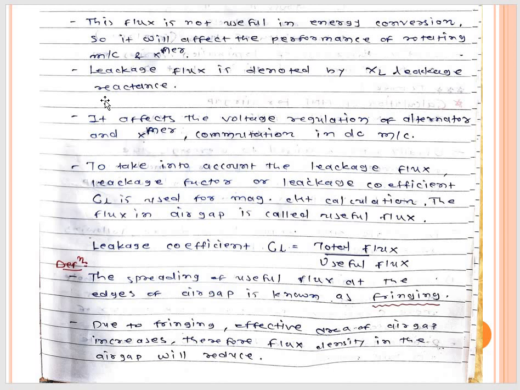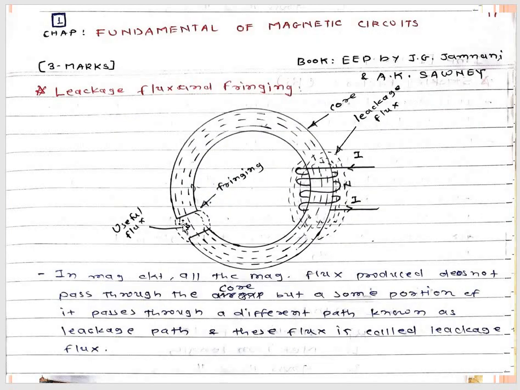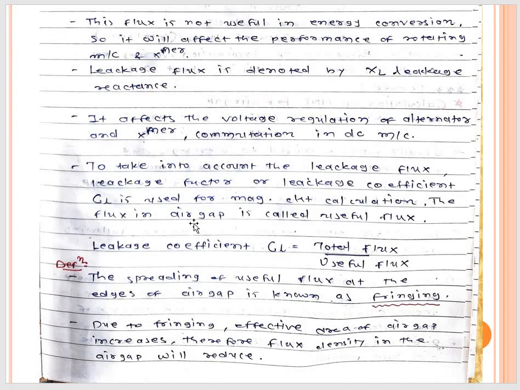So to take this into account, the leakage factor or leakage coefficient CL is used for magnetic circuit calculation. The flux in the air gap is called useful flux.